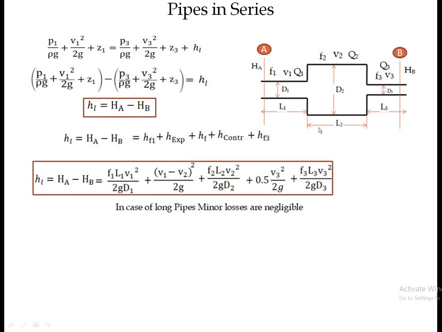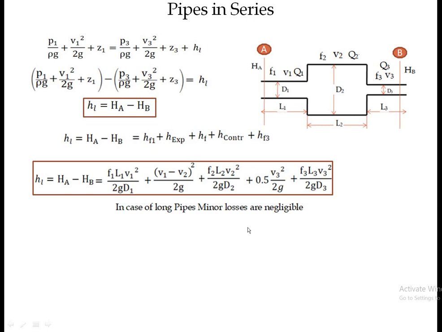Suppose this is a very long pipe. When a long pipe is there, the minor losses are negligible, because L1 is very large, so the frictional losses are very large as compared to the minor losses.